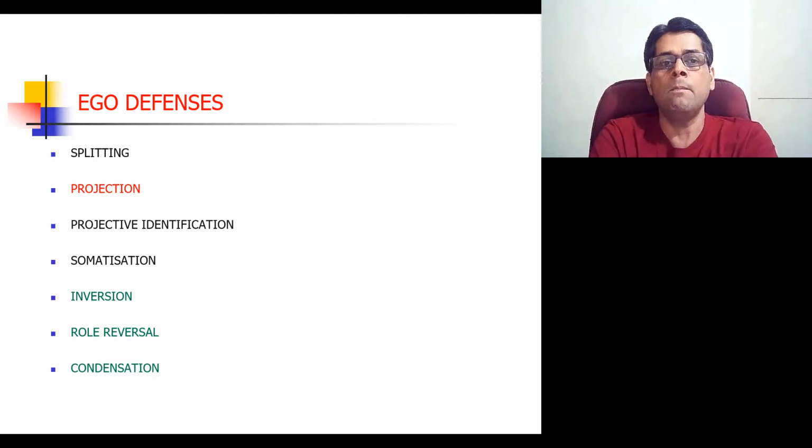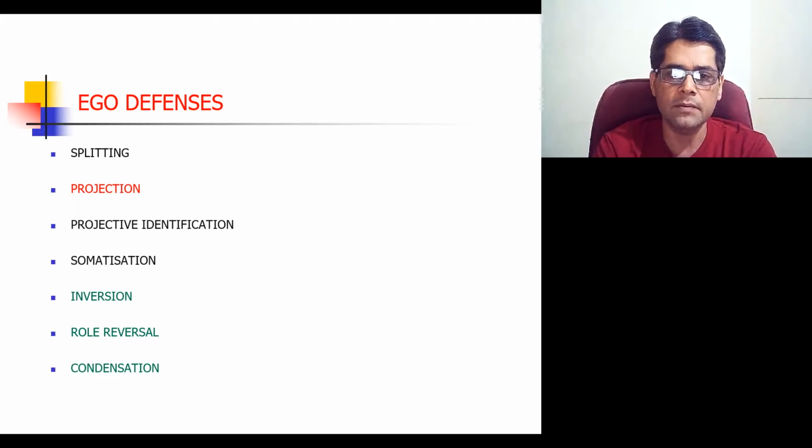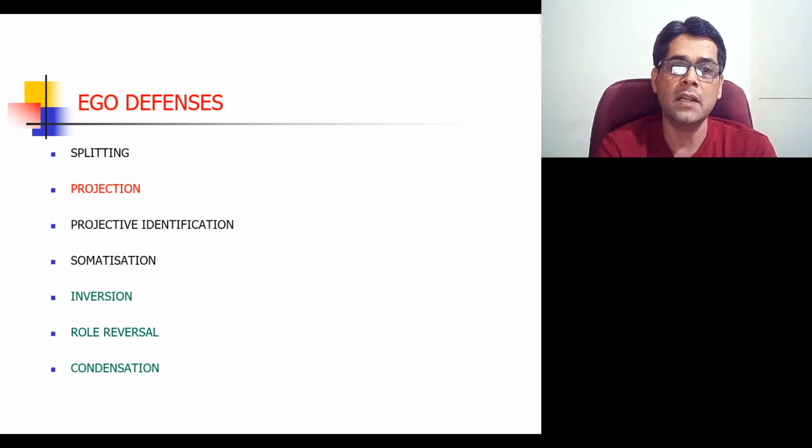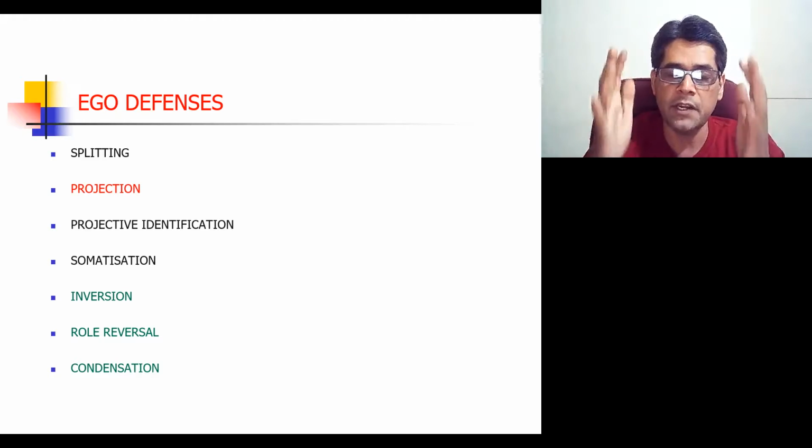And this is a very complex defense. Nobody knows how it happens. But there is no doubt that it happens. If you are doing therapy, there is no way you can escape projective identification. The more psychotic the person is, the more fragile the person is, the more disintegration issues the person has, the less ego strength the person has, the more volatile affects the person has, the person will do projective identification and put emotions into you.